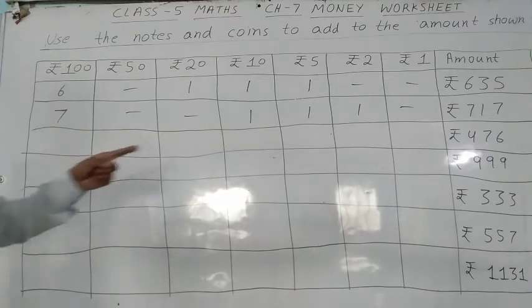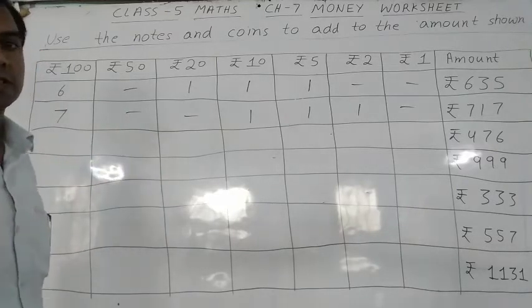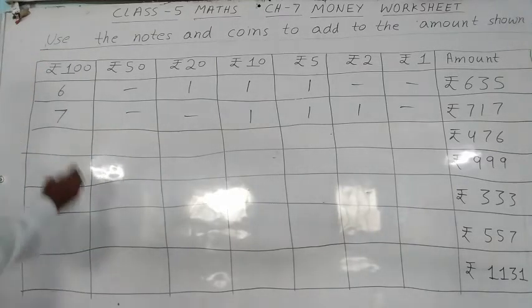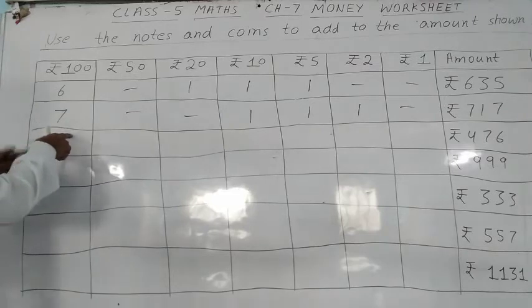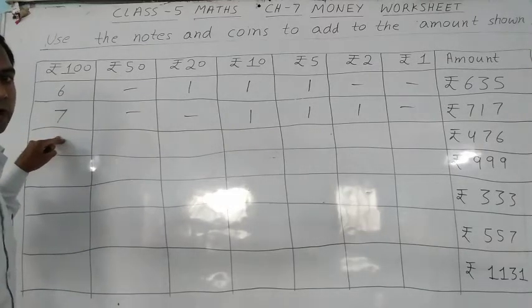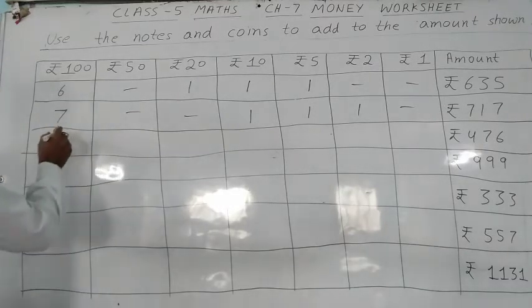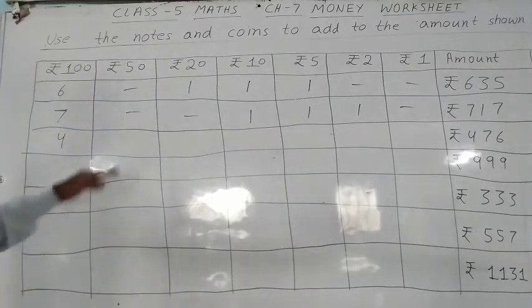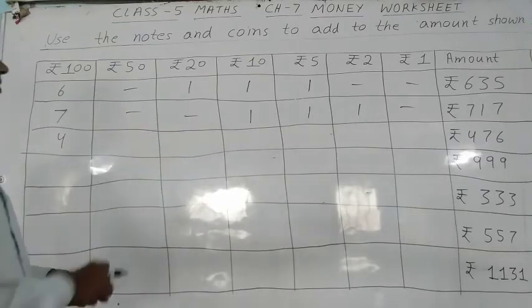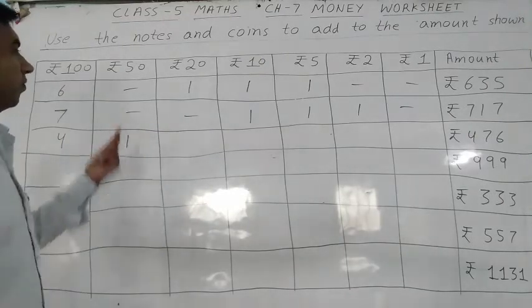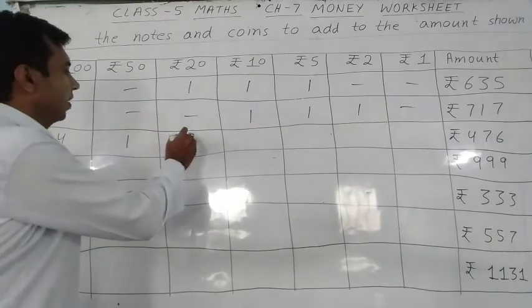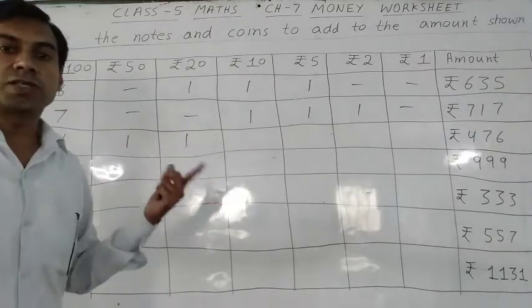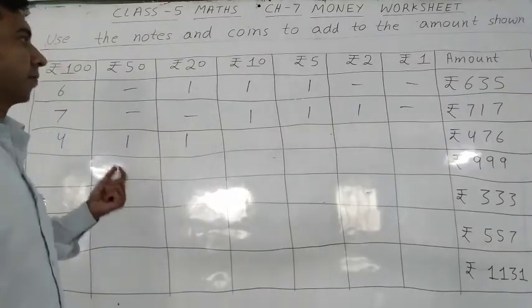Now next, 476. How many notes of 100 rupees do we use? 4. 4 into 100, 400. So student, 400. Now how much? 1 50 rupees note, 1 20 rupees note. 50 plus 20, 70.